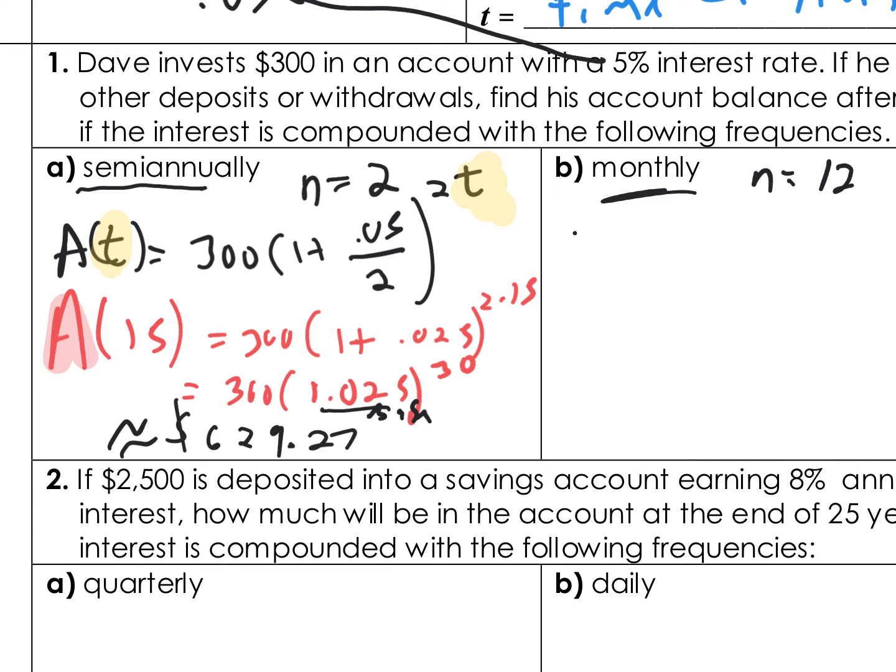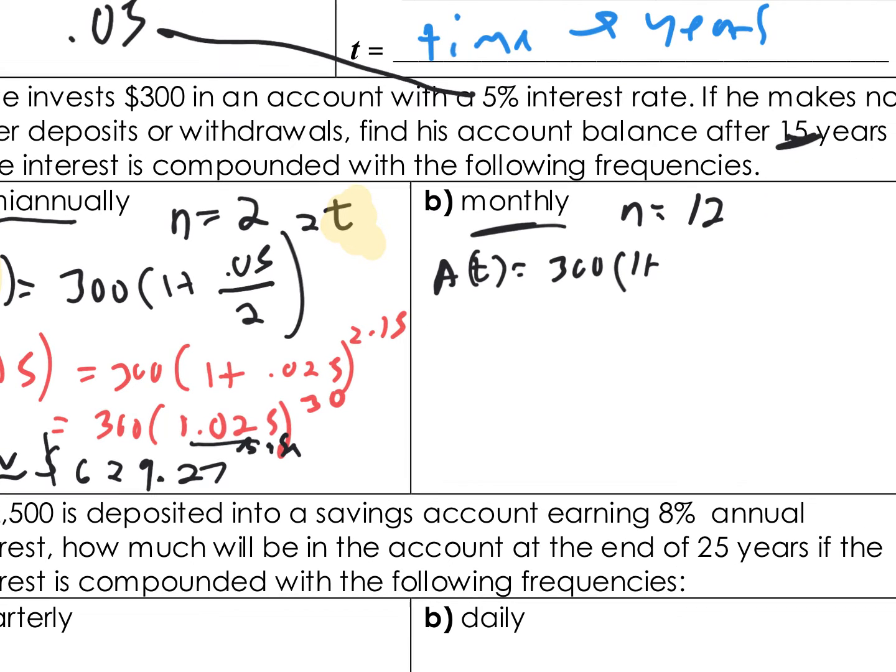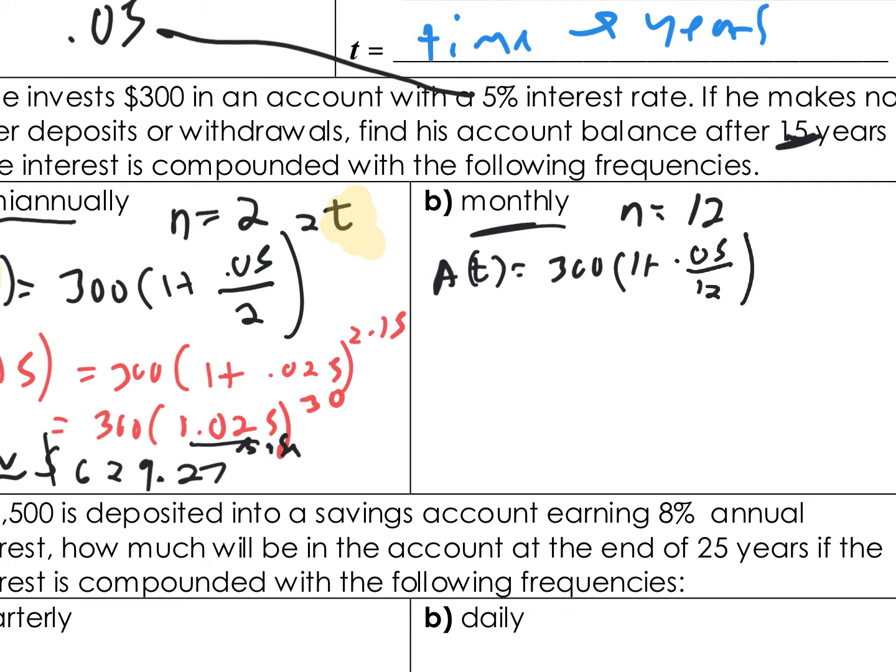The formula is the same almost. A of t is now equal to 300 times 1 plus 0.05. This time it's divided by what? 12. And I can't do that in my head. So I might be forced to leave that the way it is. And I'm raising it to the NT, which should be 12T. So again, I'll ask you the question, how long am I investing it for?